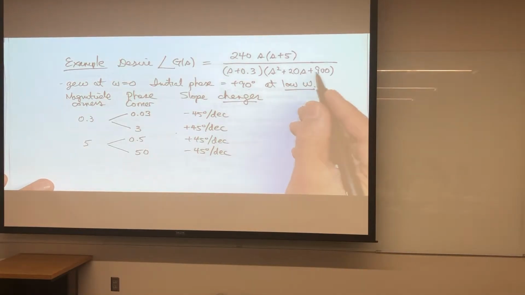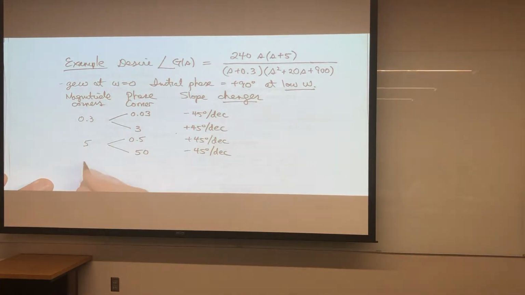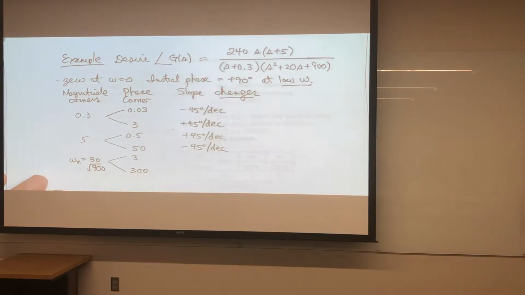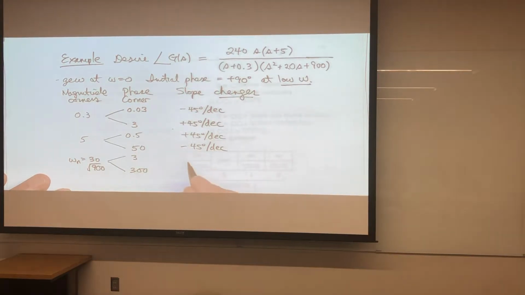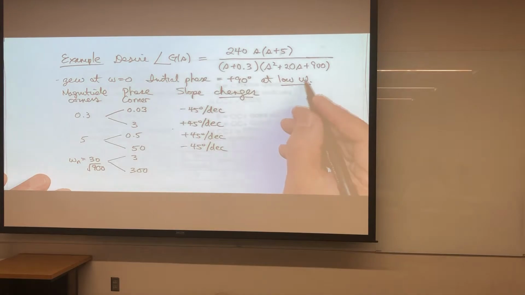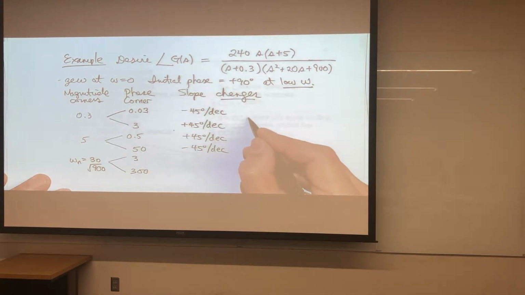We have one final factor. We have a magnitude corner at omega n equal to 30, square root 900. So that gives rise to 2 corners. One is at 3, and one is at 300. And so at 3, because this is a pole, okay, this one was a pole.